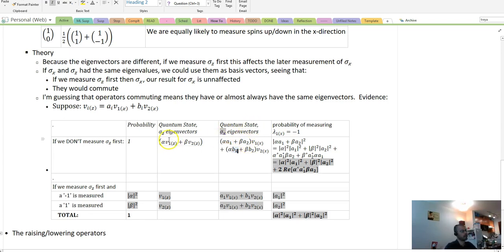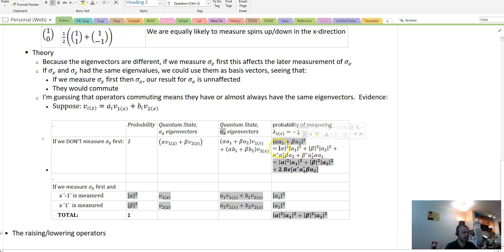So we can use this formula to express it in terms of the x eigenvectors. And so then the chance that we measure a -1 is, I'm assuming that this is the negative spin, well, we need the modulus of this squared, so the absolute value squared, since it's complex numbers, right?